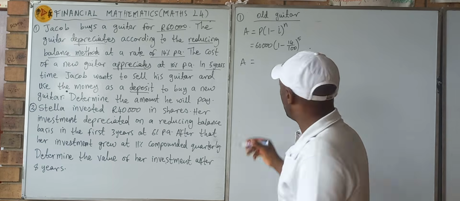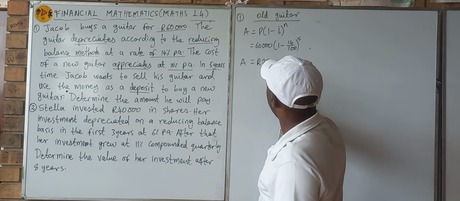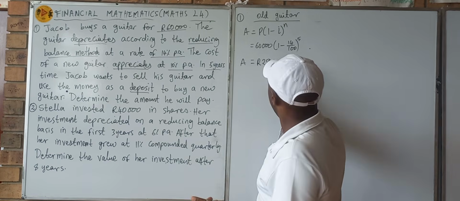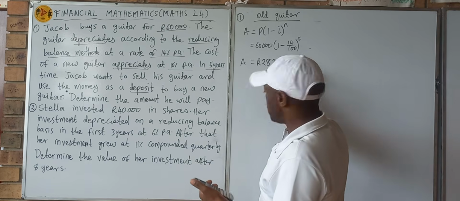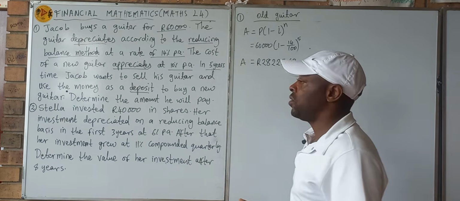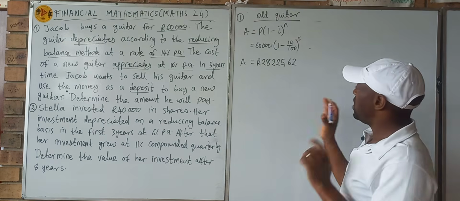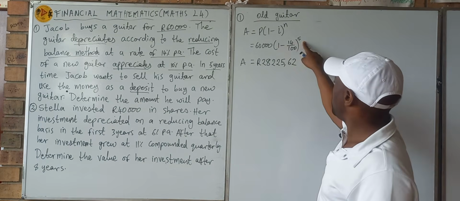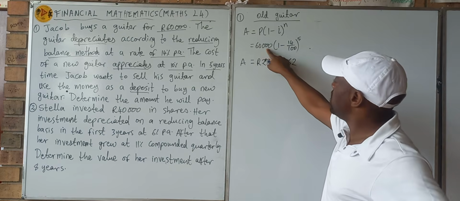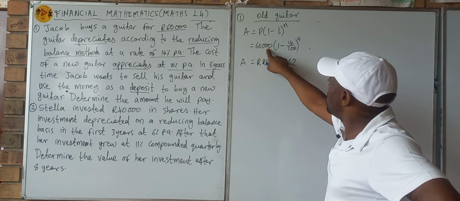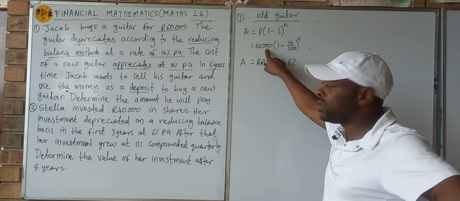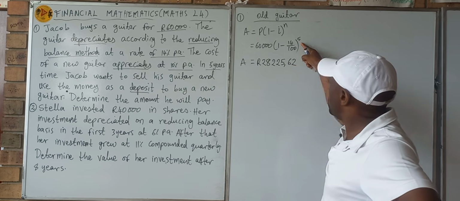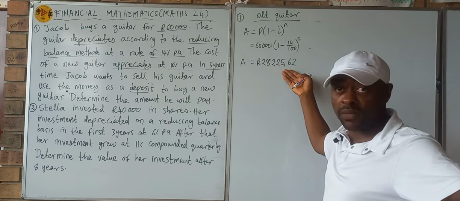That will take me to 28,225 rands 62 cents. So this is actually what is left in the old guitar. The old guitar has been used for 5 years; the original cost was 60,000, and after 5 years, this is what is left.